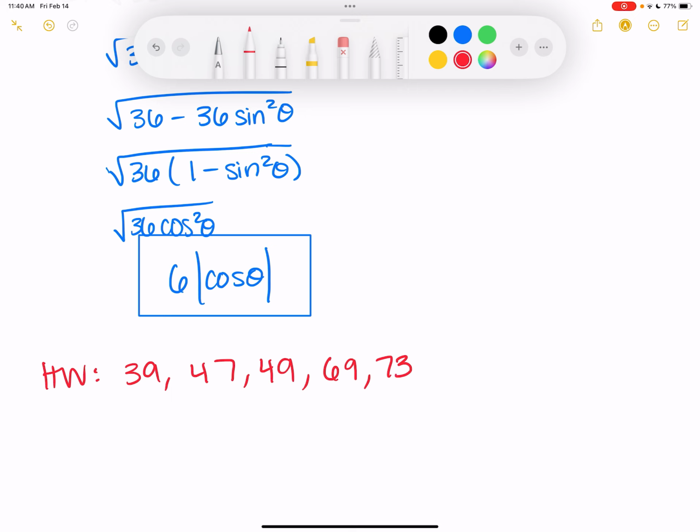So just a few more, which if you did problems the other day and finished them, you should be able to finish this. If you don't, it is due on Tuesday.